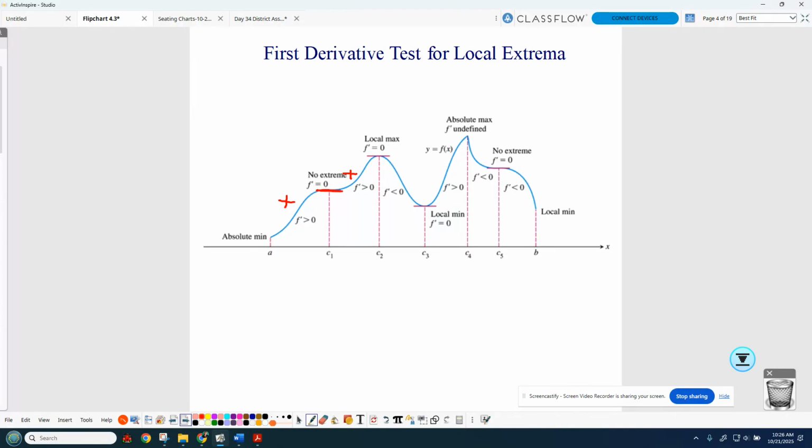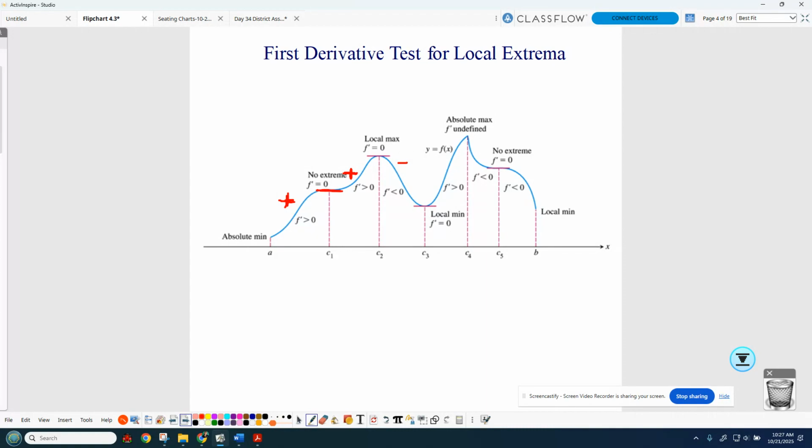Is that critical point a max or a min? It's neither. It's not one of those, and it's because the first derivative sign didn't change. It's still a critical point at C1, but it's not a max or a min.